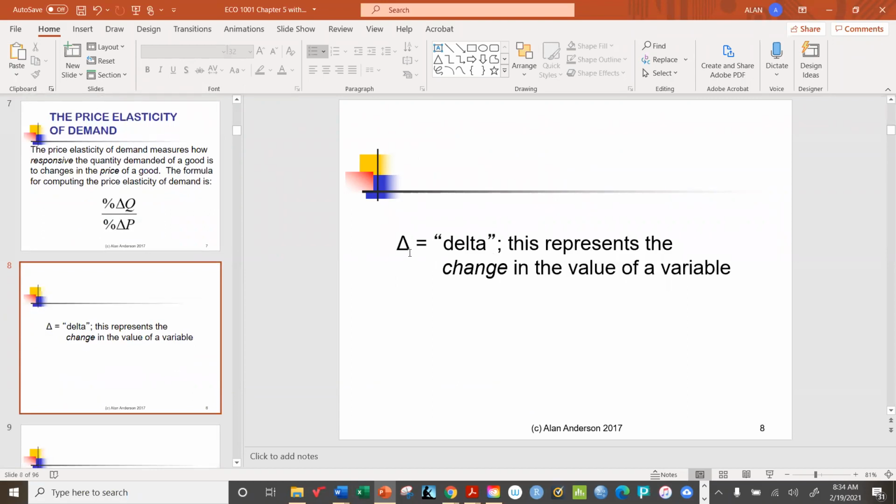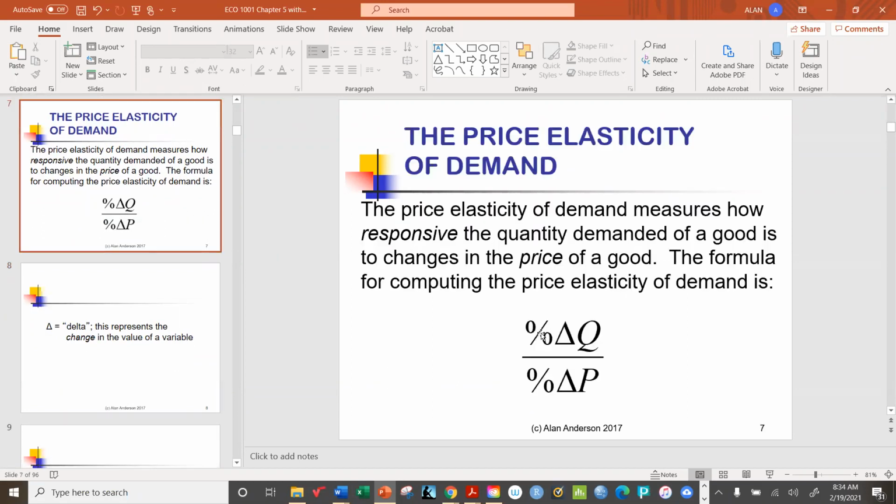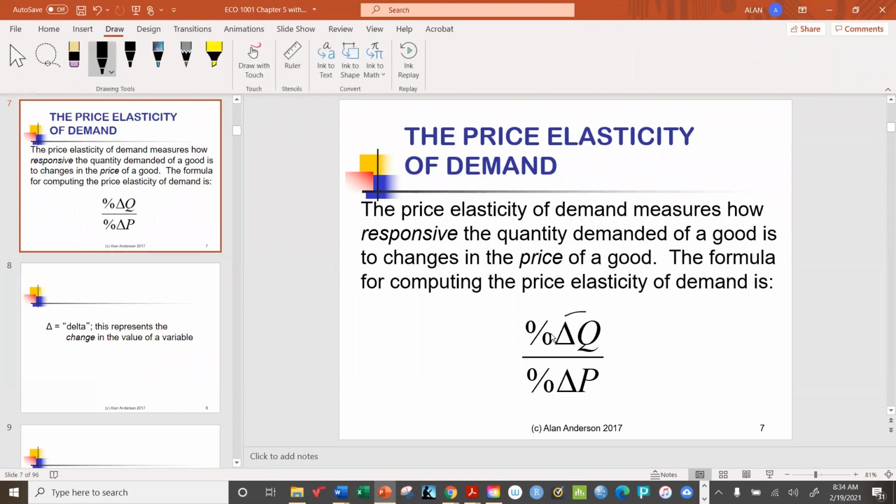So now, by the way, within this formula, you'll see this is simply shorthand notation for percentage change. You recall that this triangle is actually the Greek letter delta. And you know from experience, this always represents a change of some kind.